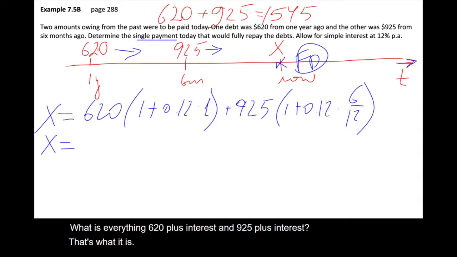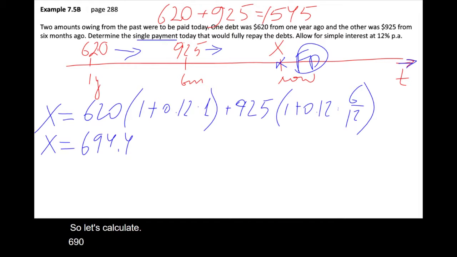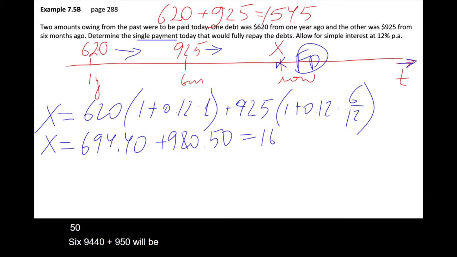So let's calculate. 694.40. Actually, you guys check my calculations, because sometimes they are funny. So I have plus 980.50. 694.40 plus 980.50 will be $1,674.90.